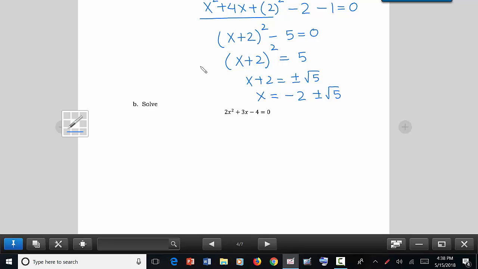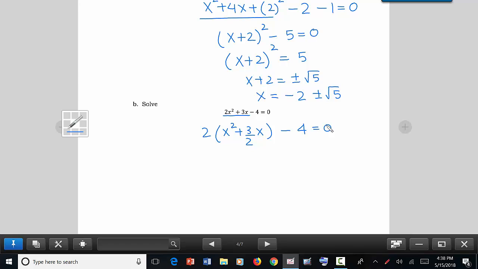Number B, a little bit tricky. Now here, these are the 2 terms we will be using to complete the square. For that reason, I'm going to factor 2 out first. 2 times (x squared plus 3 over 2 x), and that 4 is separate.